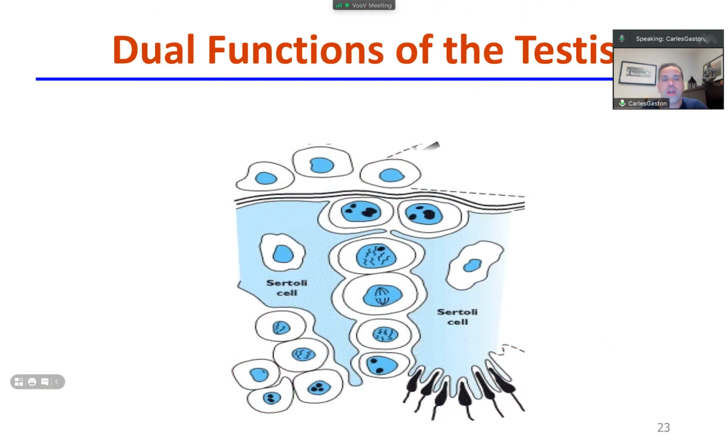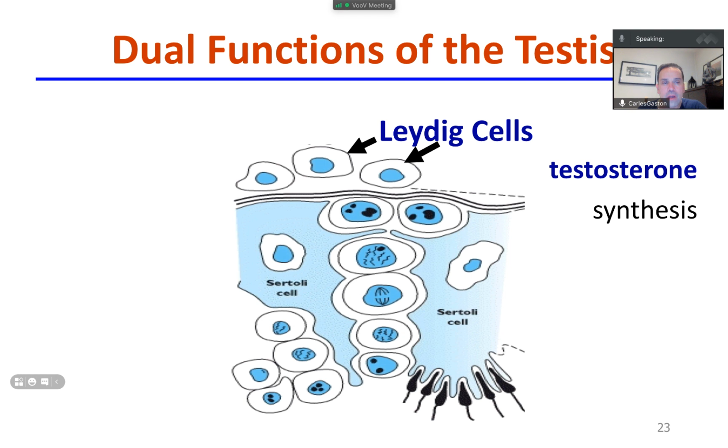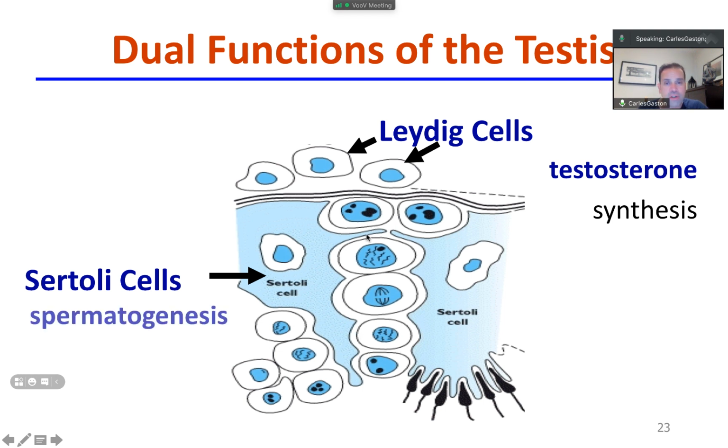So if we look here at the different cell types, again, we have the Leydig cells that produce testosterone. And then we have the Sertoli cells, these very big cells, which engulf the production of spermatozoa, and they are very important in the process of spermatogenesis.